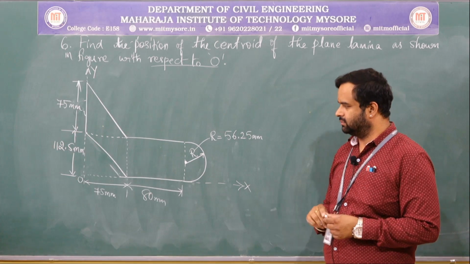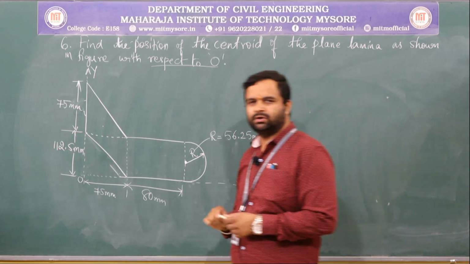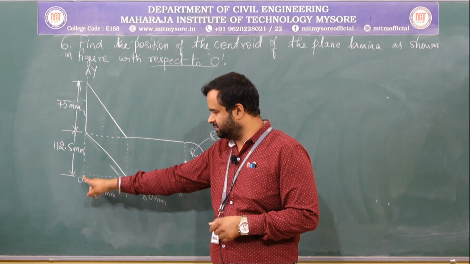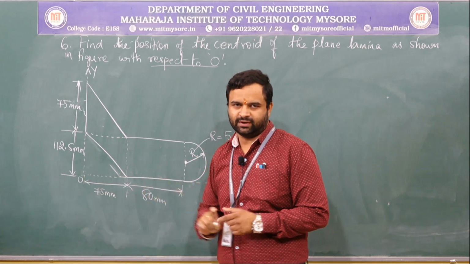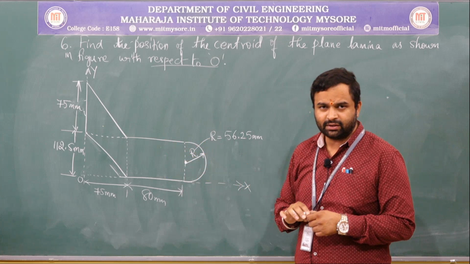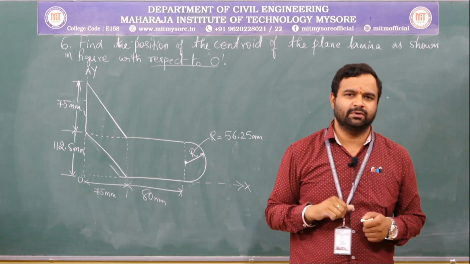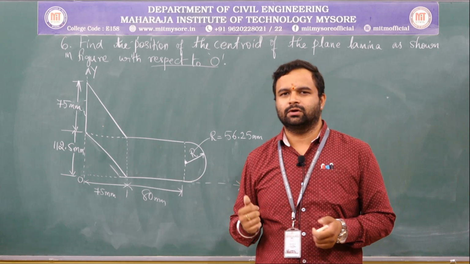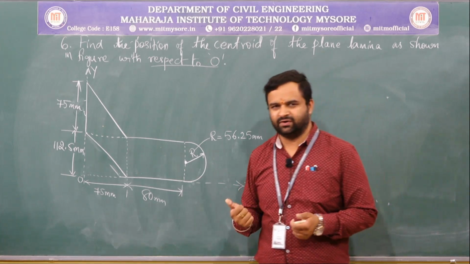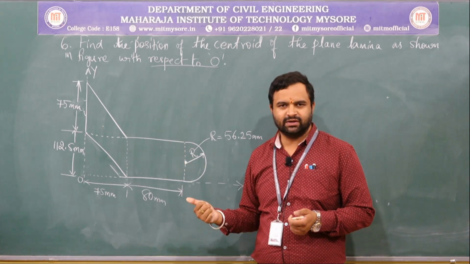Okay. So, now if you observe, we need to determine or locate the centroid with respect to point O as shown in figure. According to this particular point, we need to locate the centroid. So, what is the first step? That is, look for the axis of symmetry, if any. Do you find any axis of symmetry here?